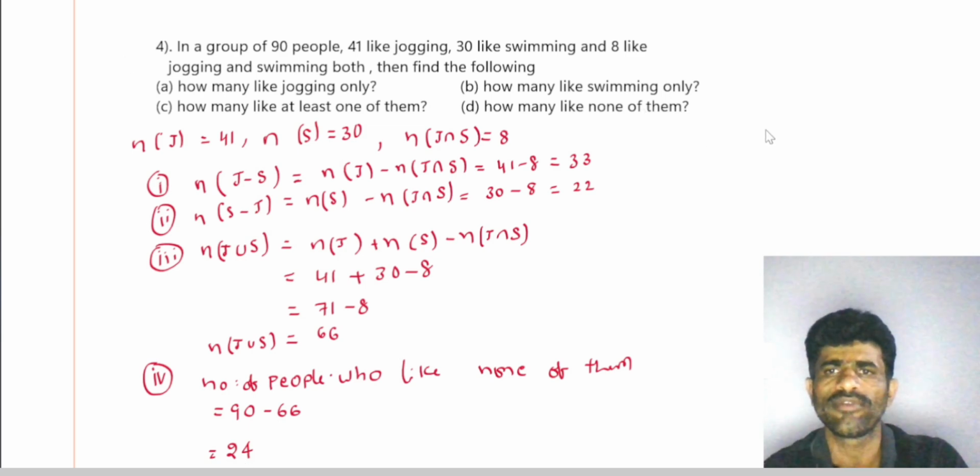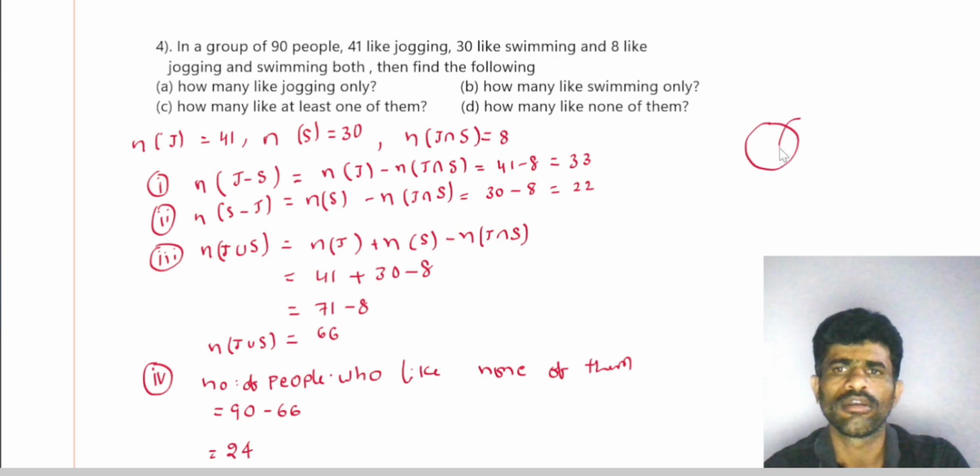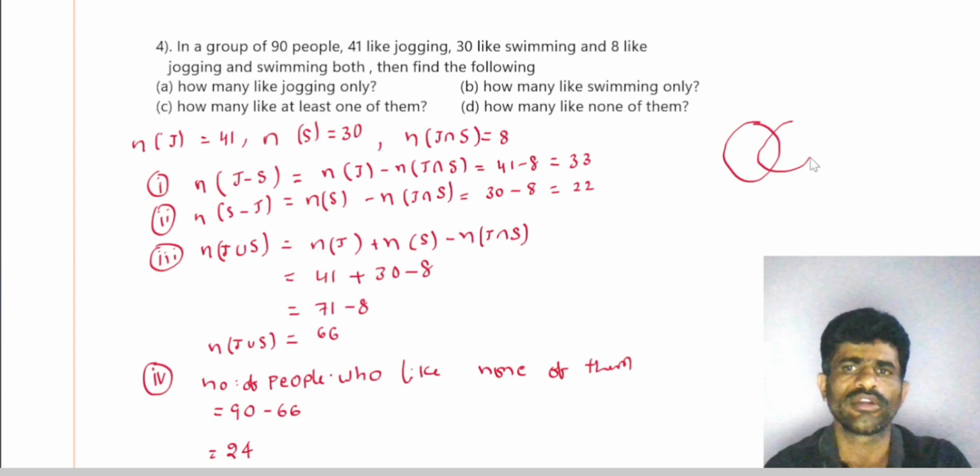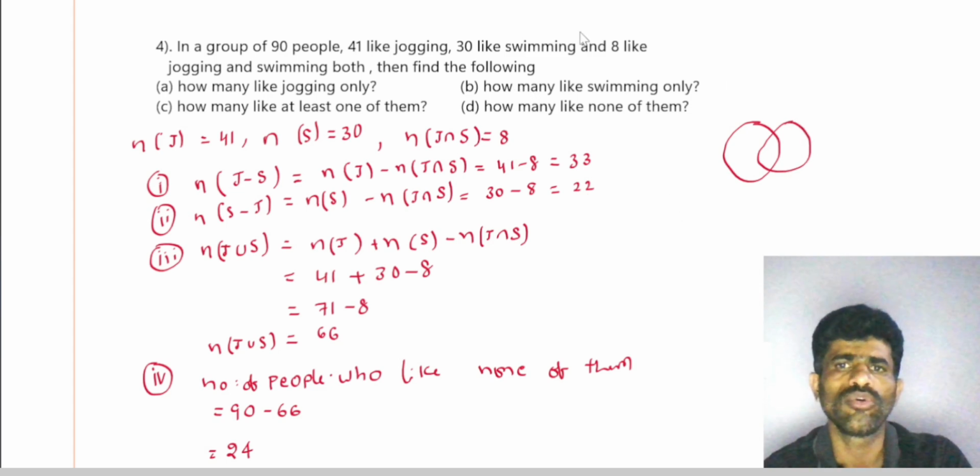Then the same problem, if we want to solve it using a Venn diagram, we can draw a Venn diagram like this and see how simply we can solve it. We know how many people like both, that is 8, so we fill that 8 in the common region.